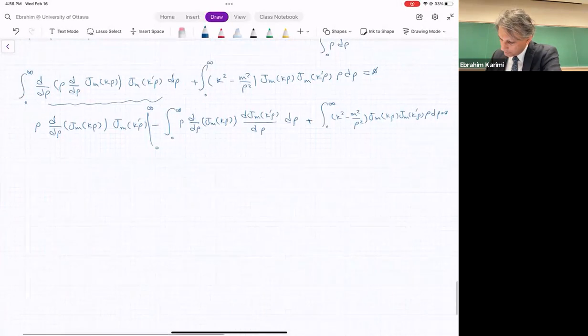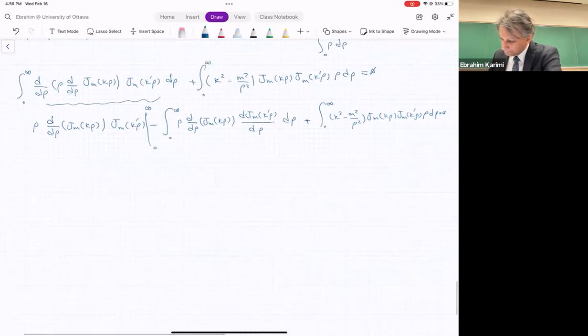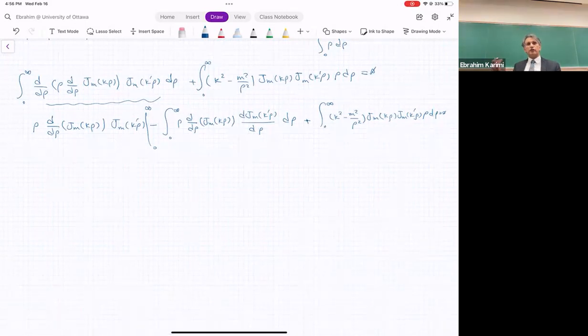So what I can do is create the same expression starting from the differential equation, going with a K' and multiplying by Jm(K rho), doing the integration by parts again and getting the same expression.